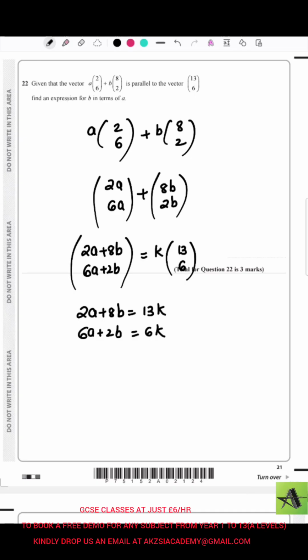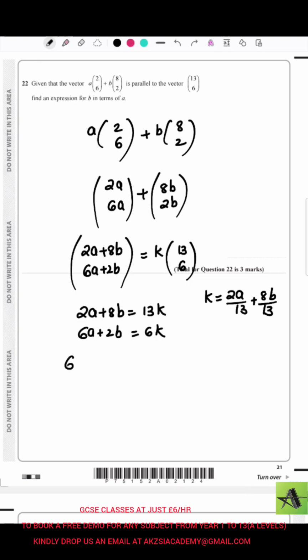Because we need to find an expression of b in terms of a, that means we have to eliminate k. So what I can do from here, I can say k is equals to 2a plus 8b, dividing both the sides by 13, 2a by 13 plus 8b by 13. And put this value of k here, right here.